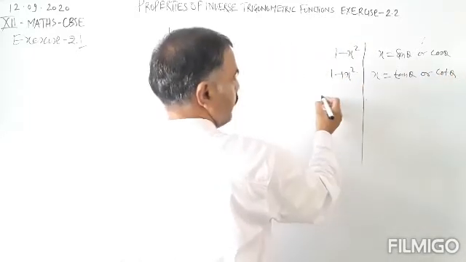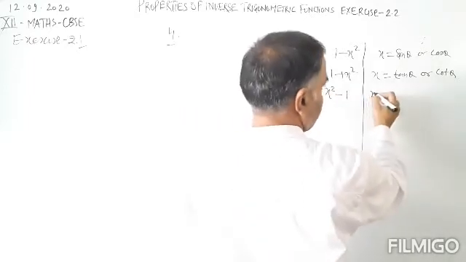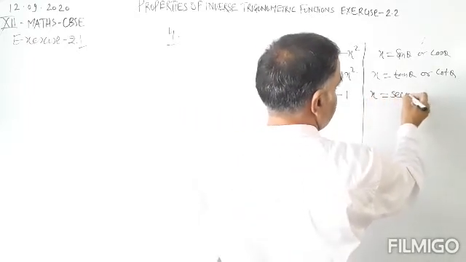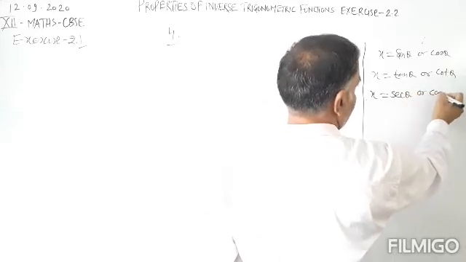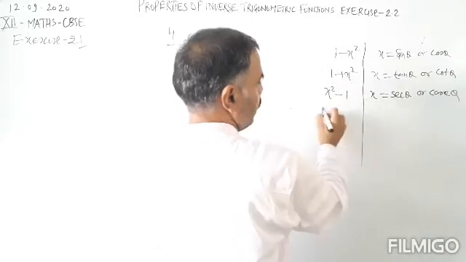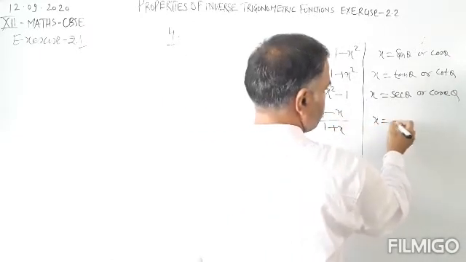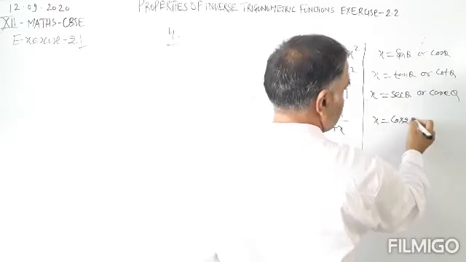Okay, and if you have been given x square minus 1, then you have to put x equals to sec theta or cosec theta. Or if you have been given 1 minus x upon 1 plus x, then you have to put x equals to cos 2 theta.